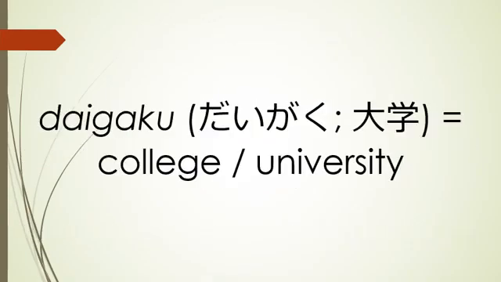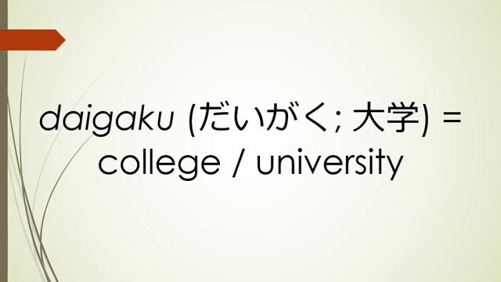So first we have daigaku, which means college or university. Now, I know we're not studying kanji here, but I just think this is interesting. So the kanji used to write this, first we have dai, which means big. We would use the same kanji to write oki. We also have gaku, which means school.